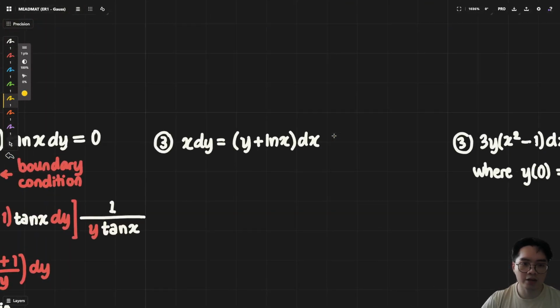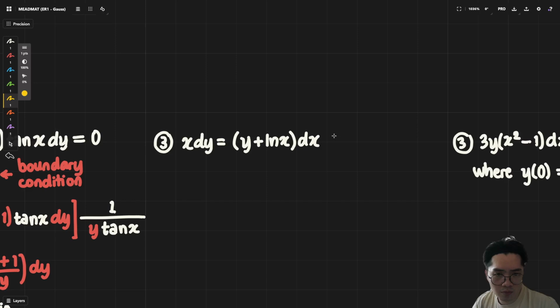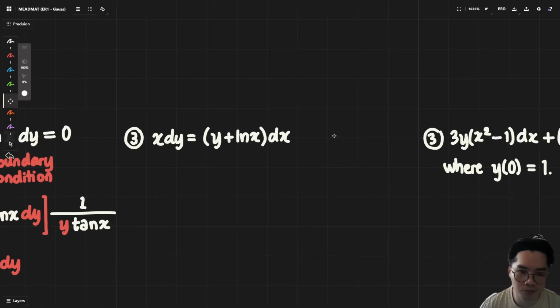And finally, now we come to the last example for our linear differential equation. X dy is equal to y plus ln of x dx. And in this case, you now have two possibilities as to what you're supposed to do. Number one, we're going to have to try out dy over dx. And number two, we're going to have to try out dx over dy, right? What you can already spot here is that dx over dy is not possible.